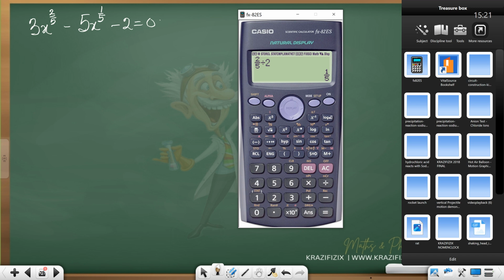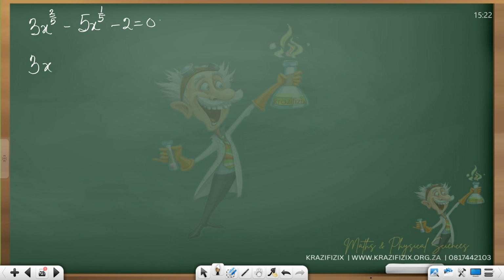It means I can then write this as what? 3x to the power what? 1 over 5. Only the x. All right. Minus 5. Do you notice the 3 is not in bracket, right?